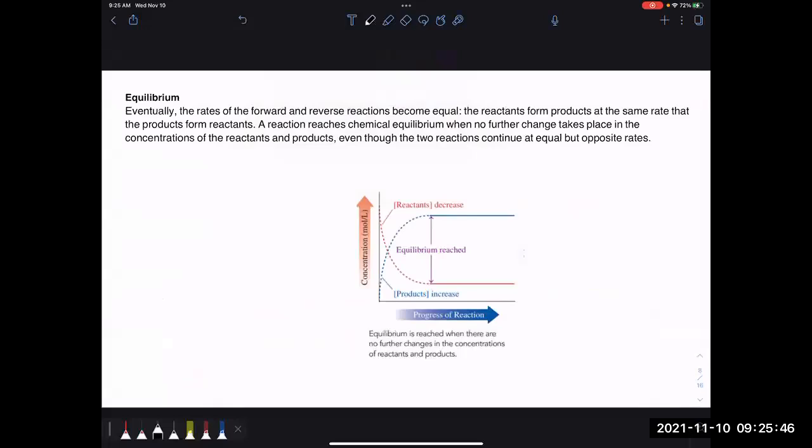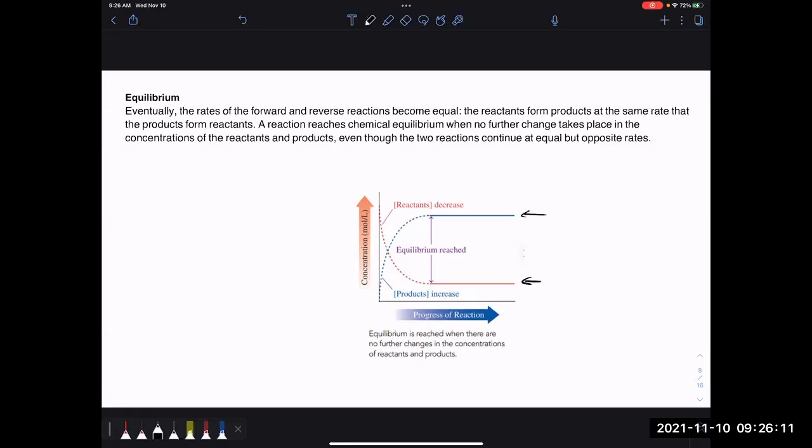Right, so eventually these rates will balance out, and then that's where we end up with these concentrations. There are certain situations where you can go to a full complete reaction, and that usually involves removing one of your products. Because if you remove that product from the solution, then it can't react to form your reactants again.